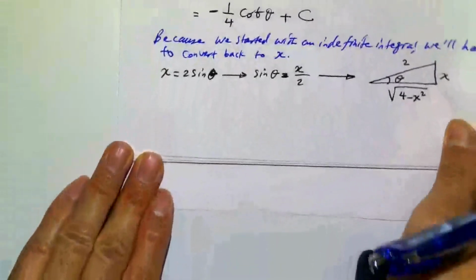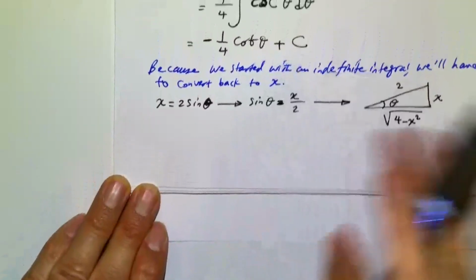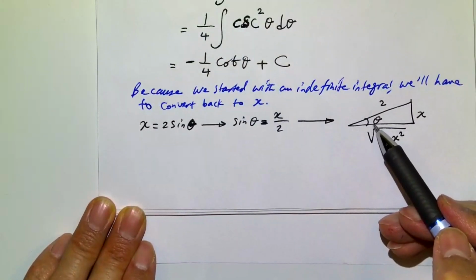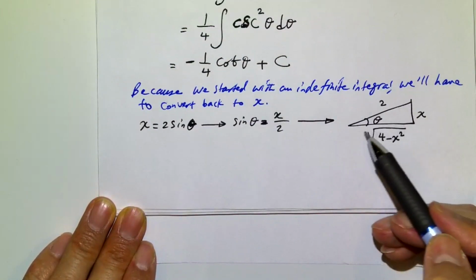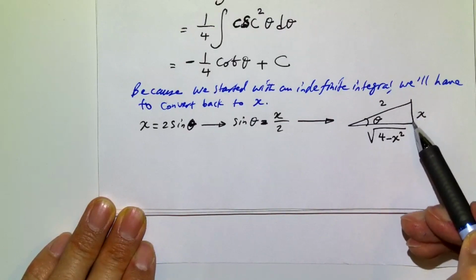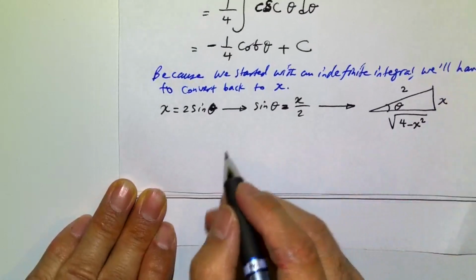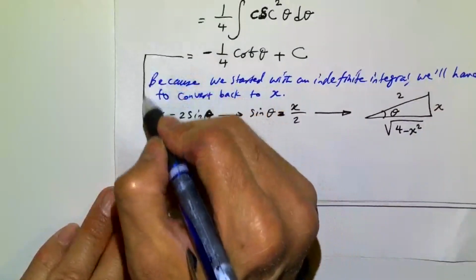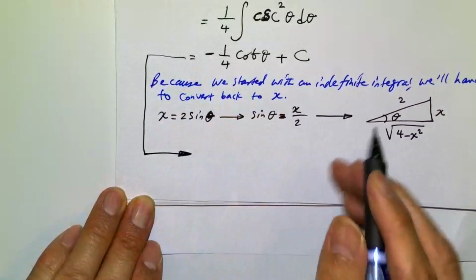Now, knowing that, we can replace cotangent theta, because cotangent of theta is adjacent divided by opposite.